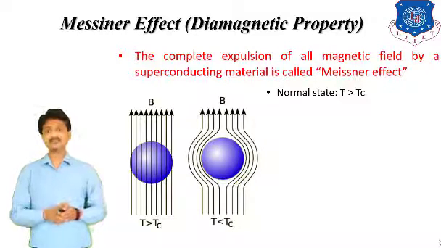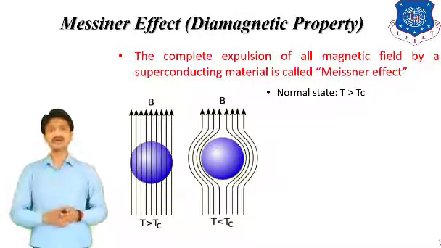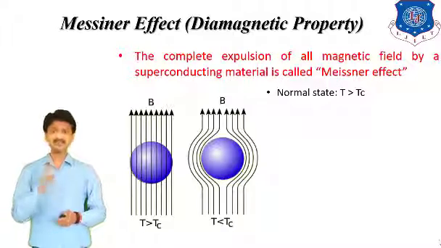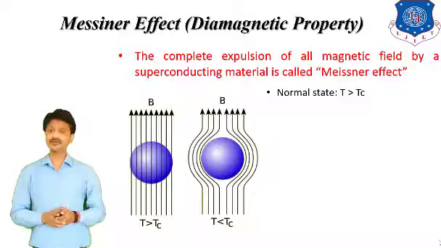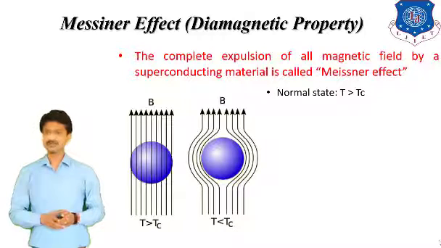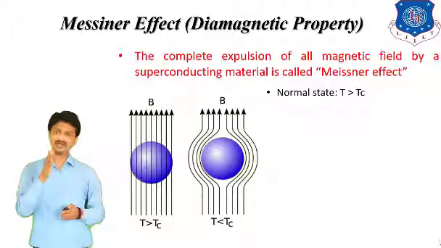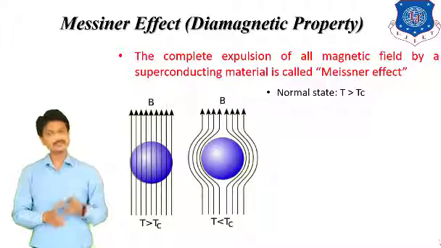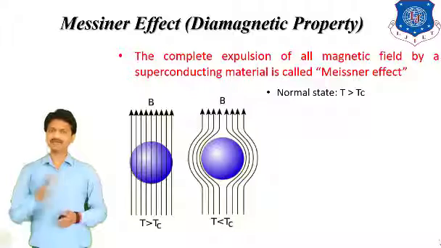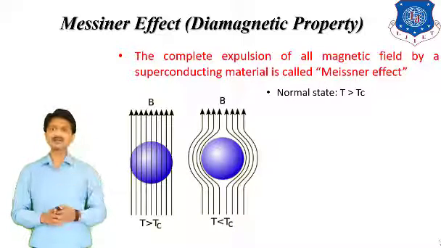At that time, B is not equal to 0, where B stands for magnetic flux density. It means that the material allows the external magnetic field to penetrate through it. So at a temperature greater than the critical temperature and a magnetic field greater than the critical magnetic field, the external magnetic field penetrates through the superconductor.